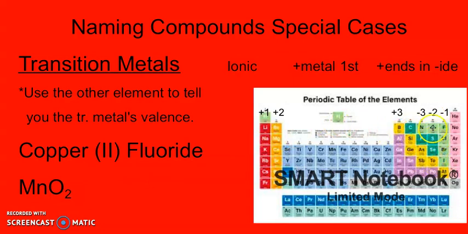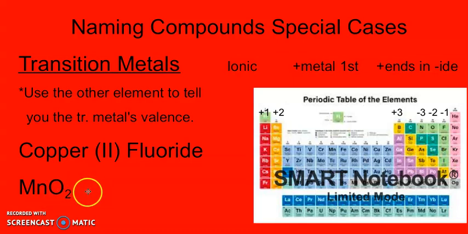You see it's in this column here that says -2, but there are 2 of them. So you have -2 and -2, and that makes -4. So manganese has to make it equal 0 and has to be +4.